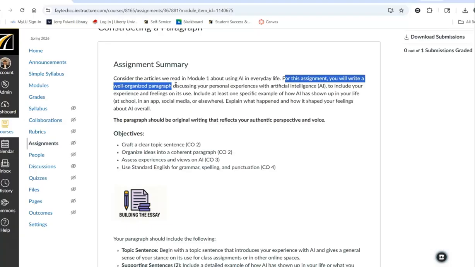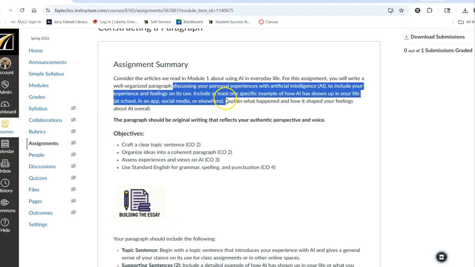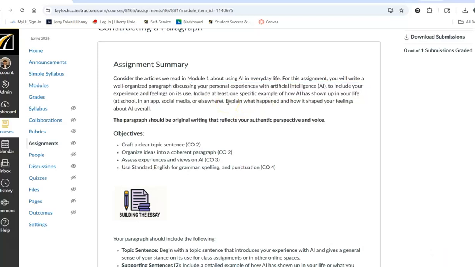You will write a well-organized paragraph discussing your personal experiences with artificial intelligence to include your experience and feelings on its use. Include at least one specific example of how AI has shown up in your life. This is going to be the evidence, right? So let me break this down real quick.